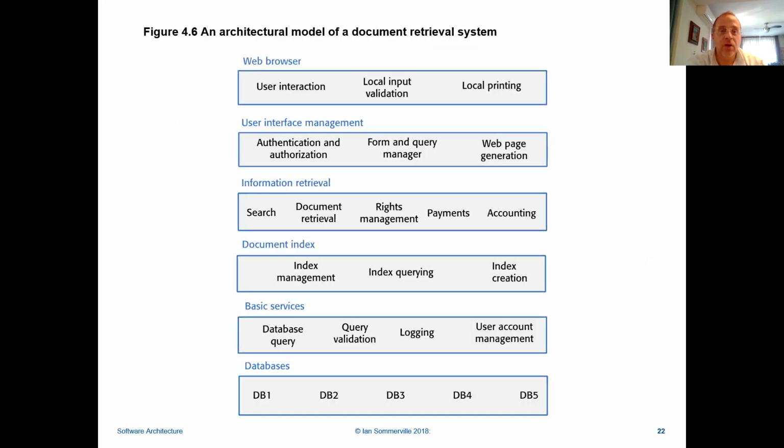Okay, so what do we have here? An architectural model of a document retrieval system. These are the components. Each one of these boxes is a component, and the insides of them are the subcomponents.